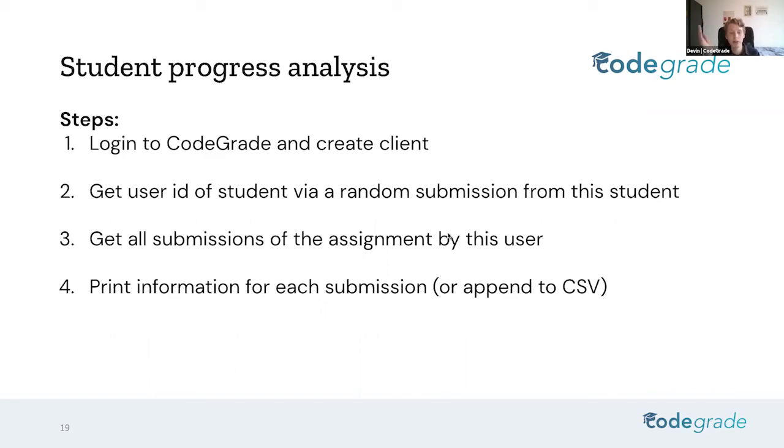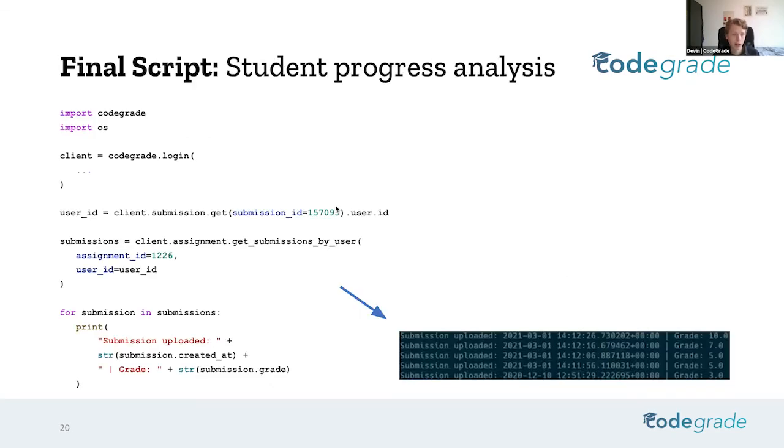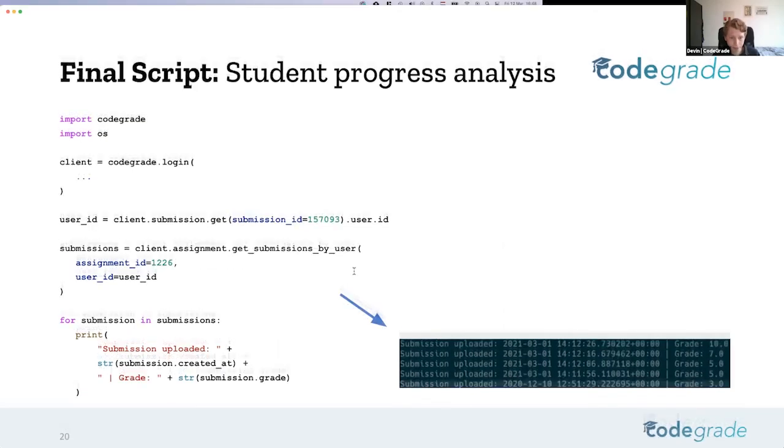You'll have assignment/ID/submission/that ID. So with a simple submission ID that we found, we can get the user ID. Then after that, we can get all the submissions of the assignment by this user, and finally print the information. So this is the final script, but let's create that together.